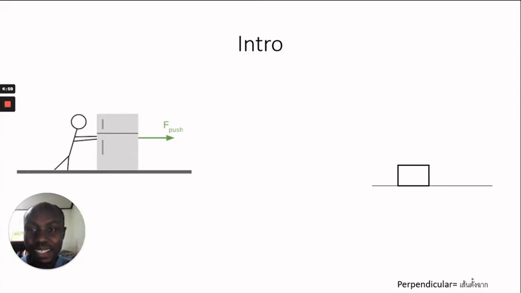Hello, and welcome. Last week we talked about friction on a flat surface, like in this picture. The man is pushing the fridge on the ground, and we looked at the different forces on the object. For example, we have the force going to the right, and there is friction.